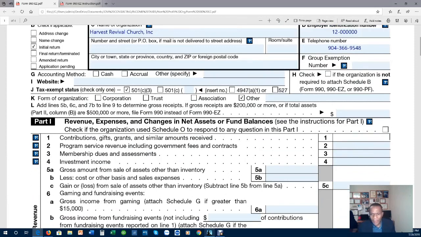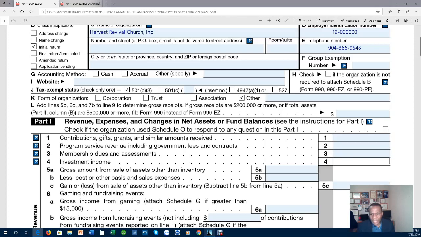Then line 2, program service revenue, including government fees and contracts. You will enter here members' dues and assessments, like for a church, contributions that your members give to the church, like tithes and so forth. You would enter investment income if the organization has investments in stocks, bonds, and so forth.